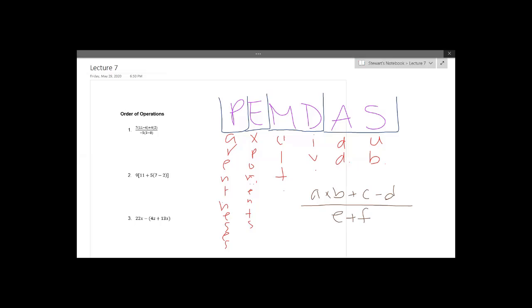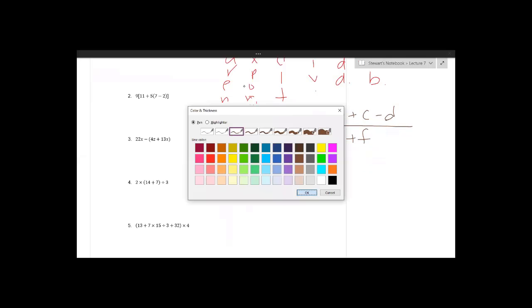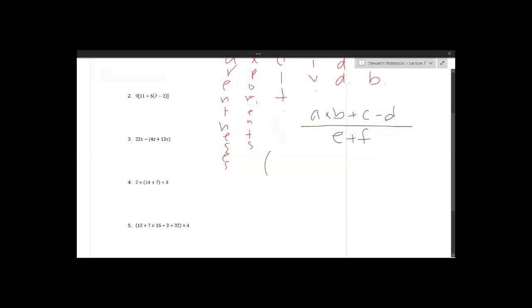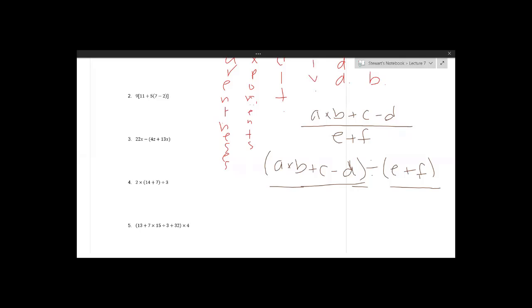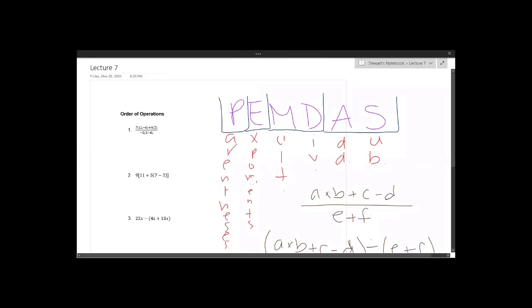If you were to write this in the standard division form, since you're separating with a whole fraction bar, it'd be like saying a times b plus c minus d, all in parentheses, divided by e plus f in parentheses. So you'd have to evaluate the numerator and the denominator separately first before you do the last division, which is represented by that fraction bar. So just keep in mind that when you see a fraction, you have to evaluate it that way.